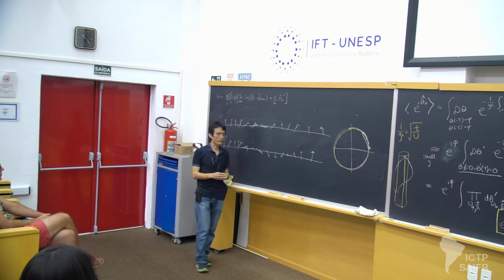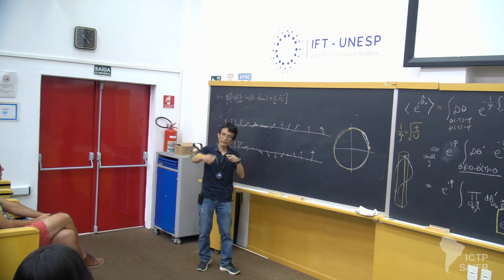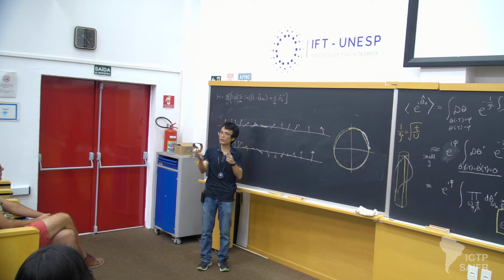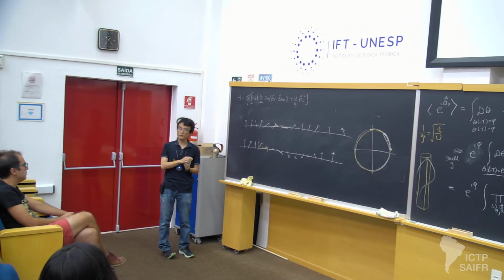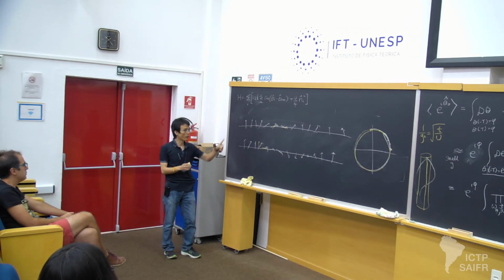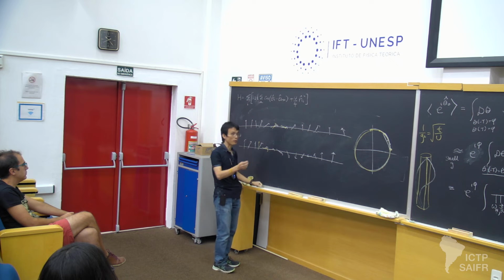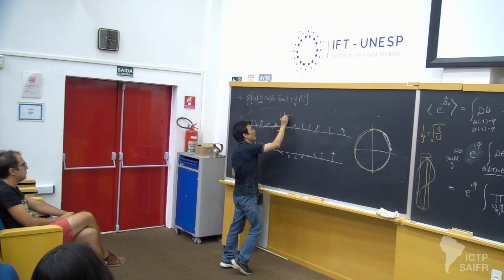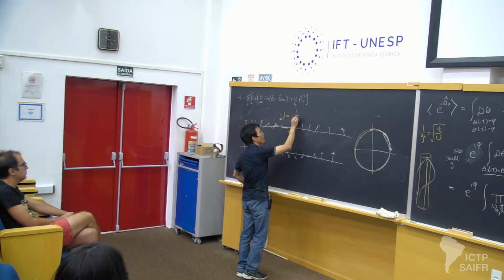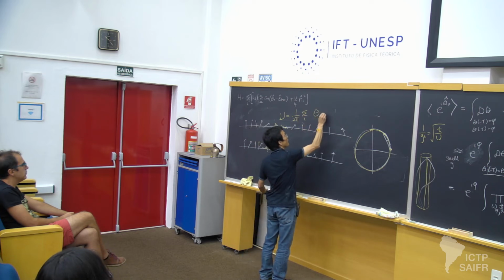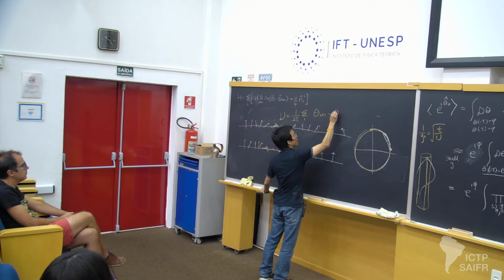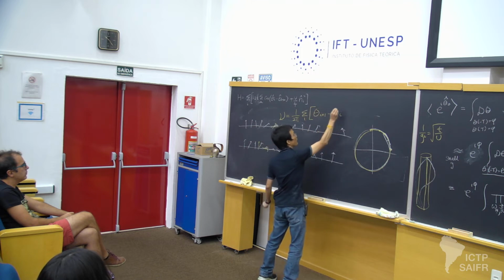It's due to the fact that winding, how many times it winds around, is defined as an integer. So an integer cannot change continuously. And this kind of property is called topological invariance. So in 1D, we can define the so-called winding number as follows: 1 over 2 pi, sum over all sites, and then like this.